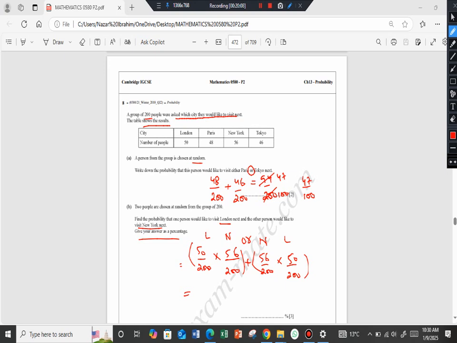This will be 50 upon 200, which means 1 upon 4. And from here you can use 4 ones are 4, 4 fours are 16, 4 fives are 20, and then you can further simplify. 2 sevens are 14, 2 twos are 4, 2 fives are 10, so it is 7 upon 25.